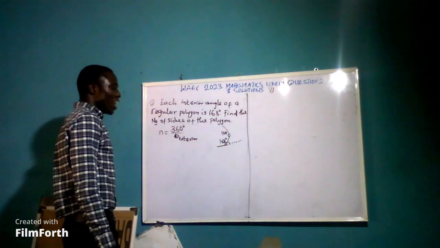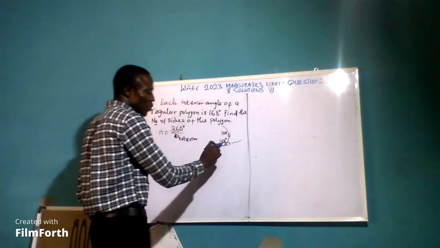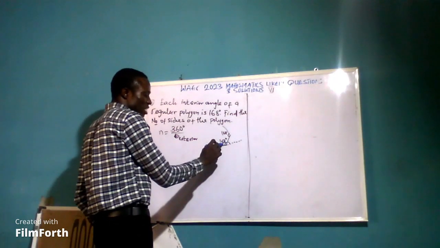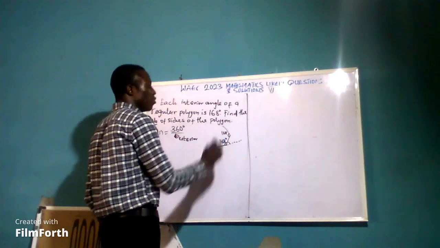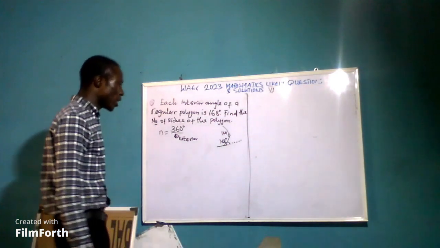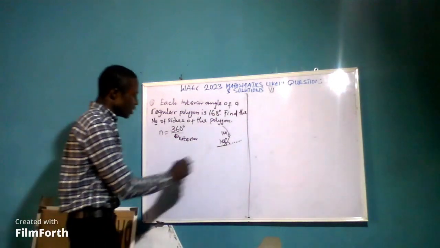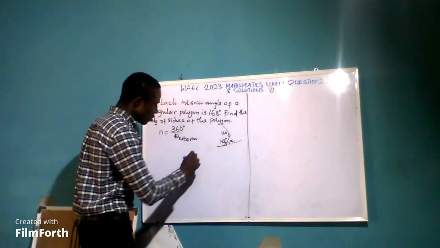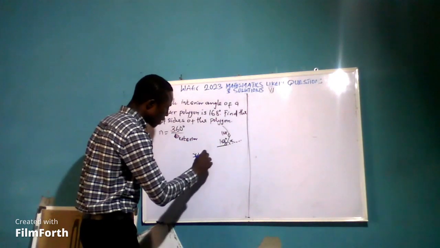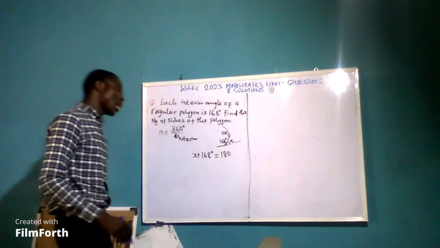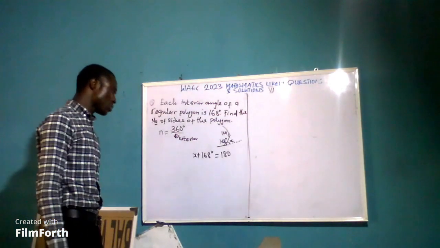Looking at this, this angle and this angle form an angle on a straight line, which is equal to 180. Let's call this x. Therefore x plus 168 degrees is equal to 180, the sum of angles on a straight line.